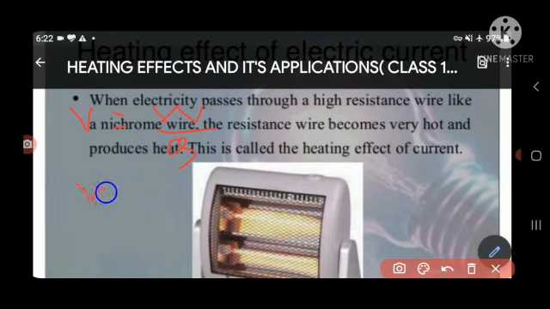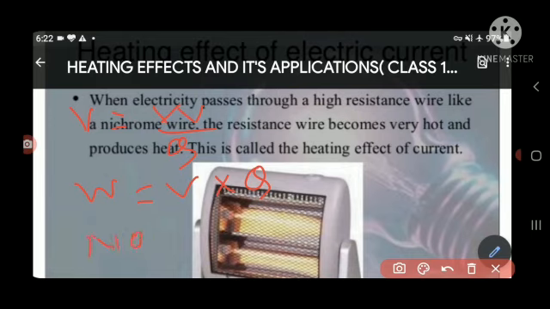So work done is equal to V into Q. Here V stands for potential difference and Q stands for charge transferred.